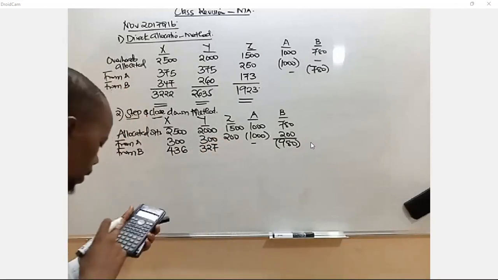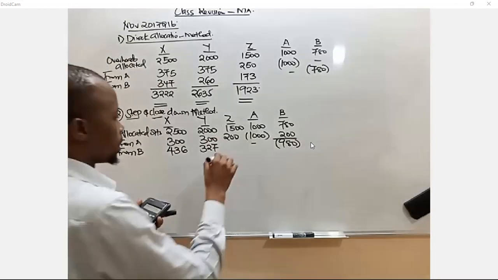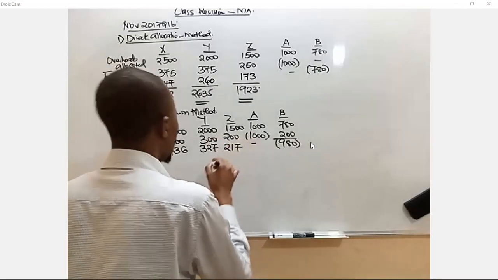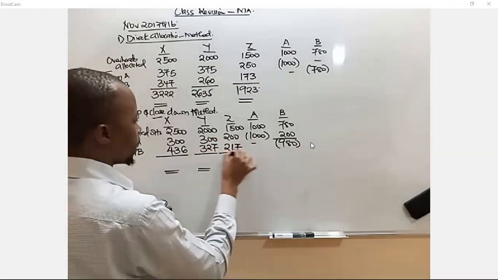Then the last one will be, let me just look for it, 980 minus 436 minus 327, getting 217 here. Imagine you are done with it. You're just done with it in that manner.